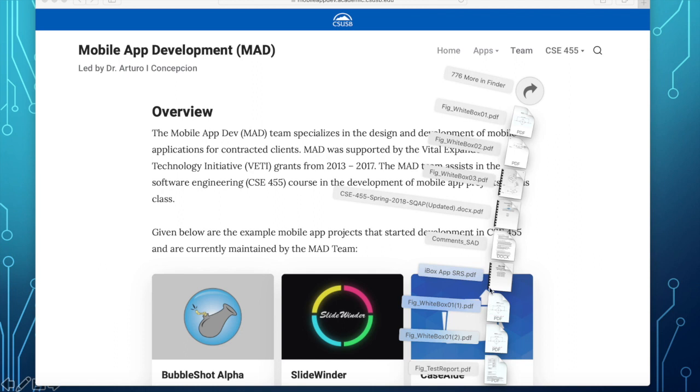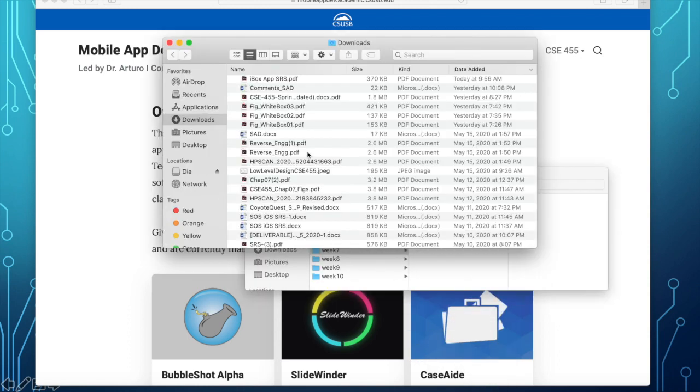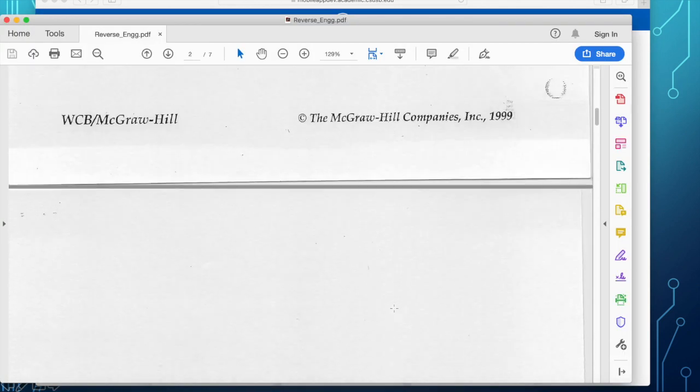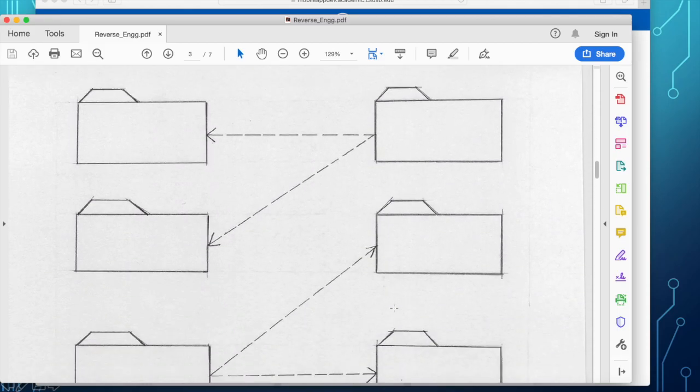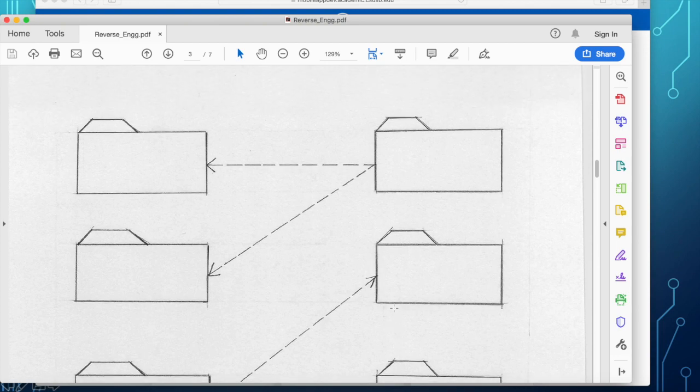reverse engineering is a technique where you start from the lowest level of the decomposition, which is the class, and using the principle of cohesion, you compose those class diagrams into packages.